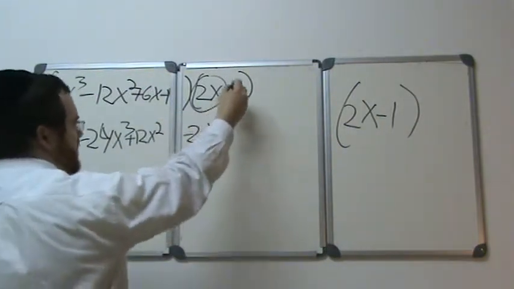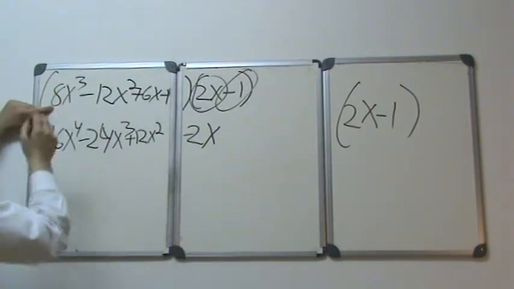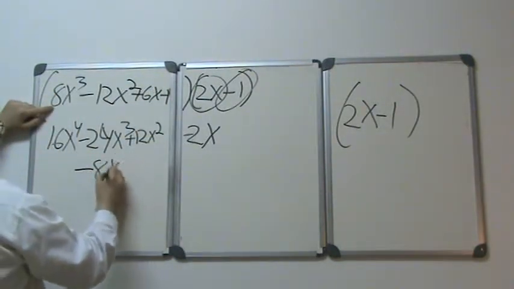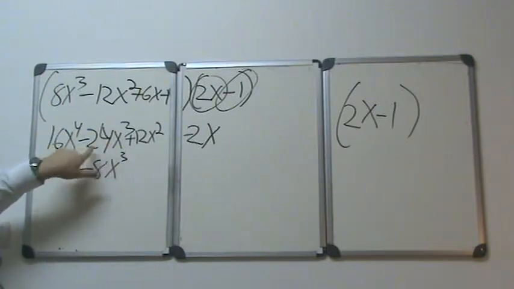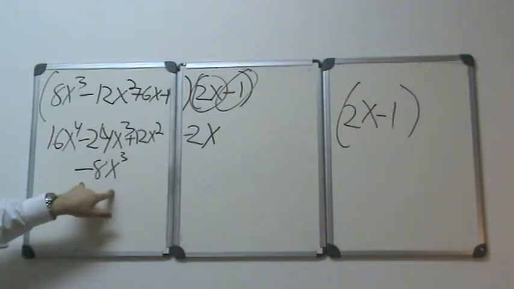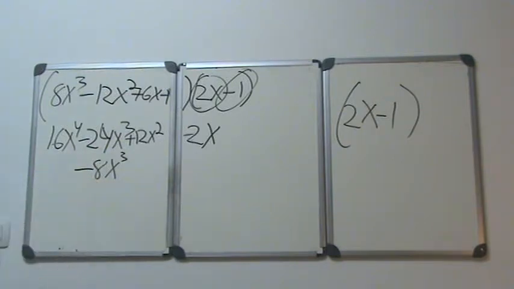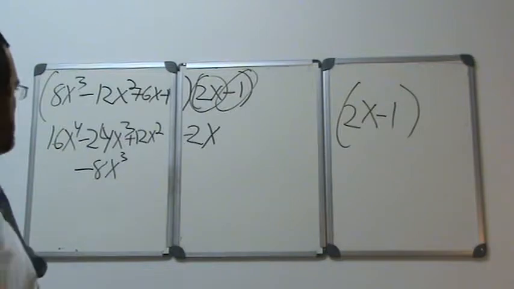Now you have to use the negative 1. So now it's negative 1 times 8x cubed is negative 8x cubed. As you notice, I put like terms. I put we owe 24x cubes and we owe another 8x cubes. That's why you put the ones on top of each other, just like you did in 1st grade. The ones on top of the ones, the 10s on top of the 10s.